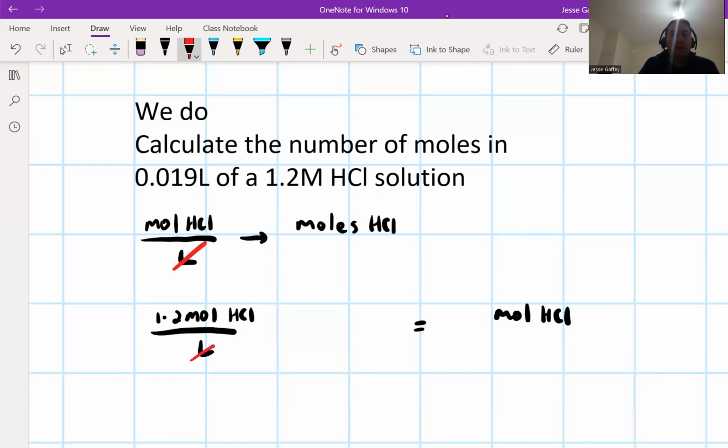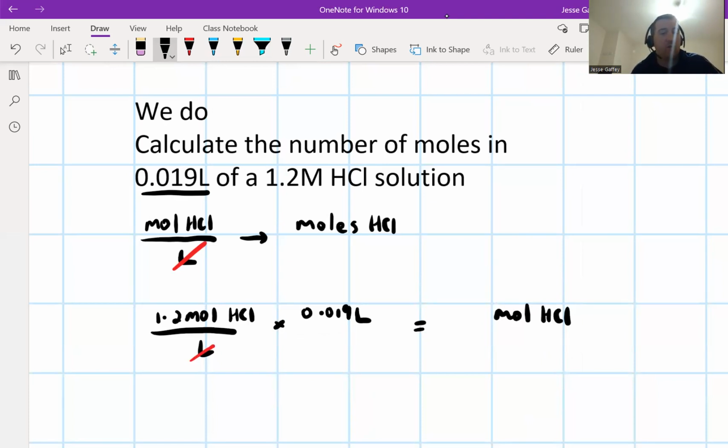Well, to get liters to cancel here, I need to put liters in the numerator here. So times it by a number of liters. How many liters should I go? Okay, well, it's the number that we used, 0.019. So pause the video and work out how many moles we used here. Times 0.019. All right, before you write down your answer, check, is it logical?